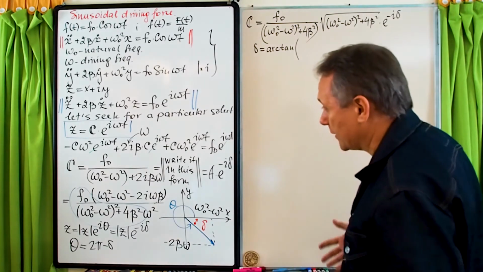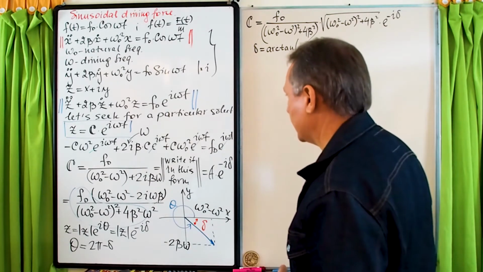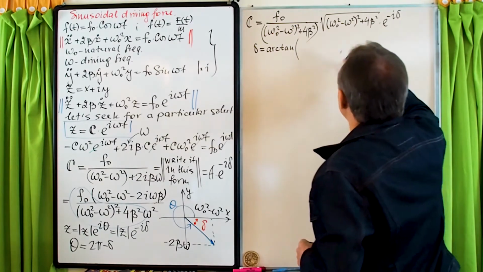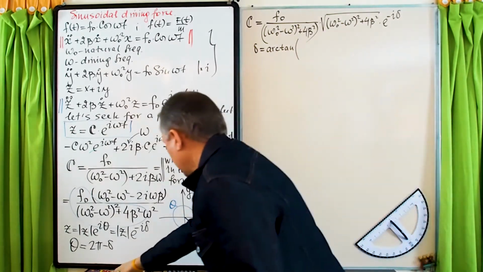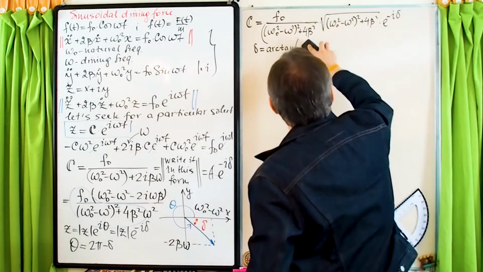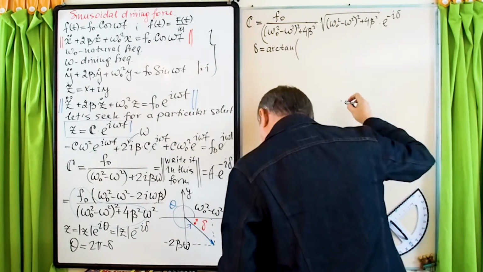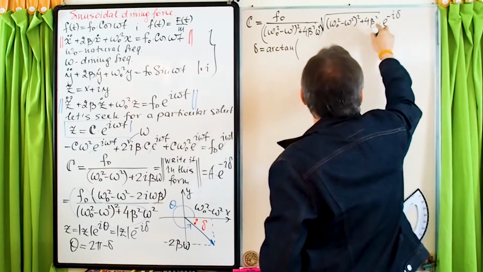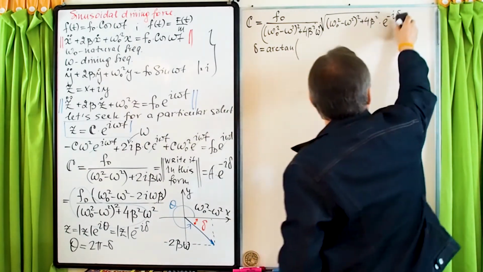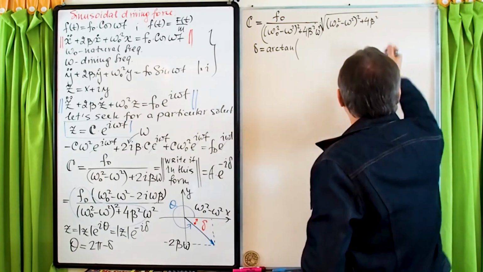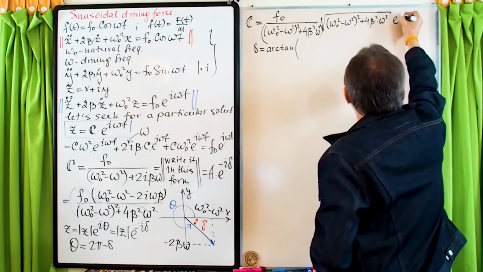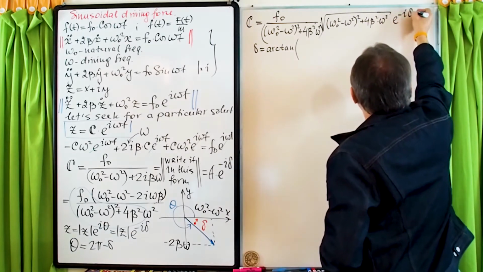And of course, sooner or later you'll realize that something happened. Right. Okay. Let me fix it here as well. So it will be omega squared, and here as well. Okay, let me erase this and add omega squared and e to the power of minus i delta.